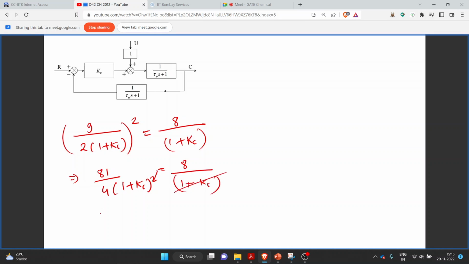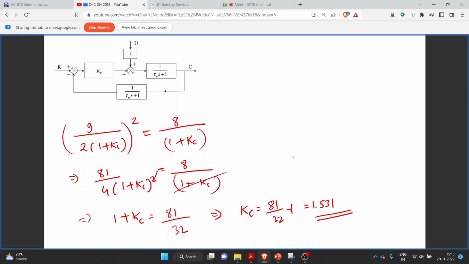This will get cancelled out, and we will be having 1 plus Kc is equal to 81 upon 8 into 4, which is 32. So from over here we can find the value of Kc as 81 upon 32 minus 1, and this will come around 1.531.